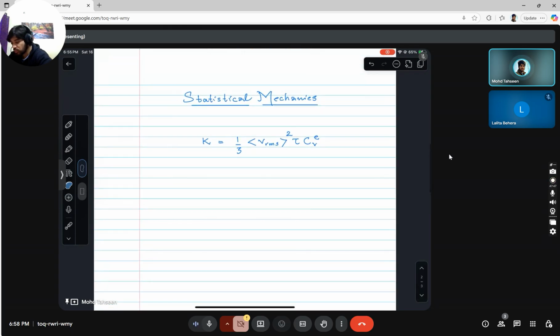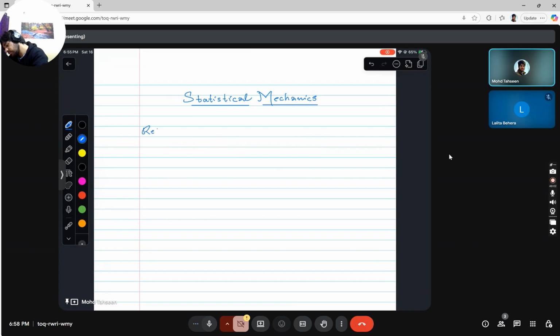That's actually the whole motivation behind studying statistical mechanics: to represent physical quantities in terms of the most probable state.